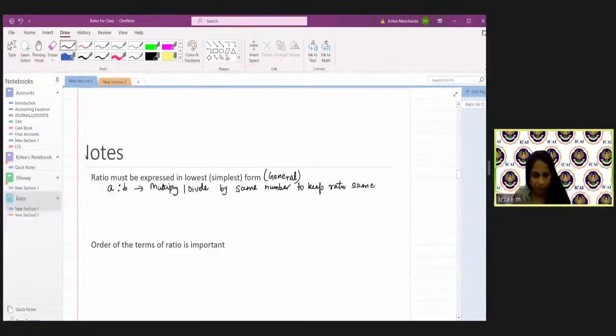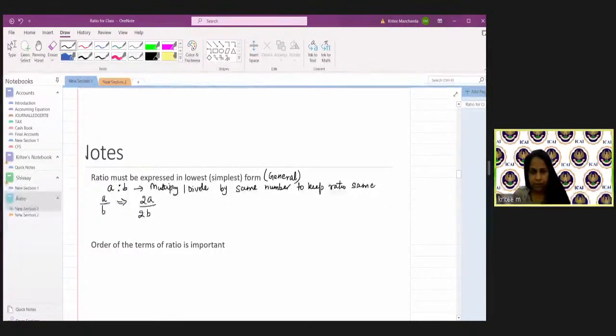What does that mean? If I have a ratio A is to B, in order to keep it as A is to B, if I have to double the quantity, I would be doubling it on both antecedent as well as consequent, so that I have the same ratio.